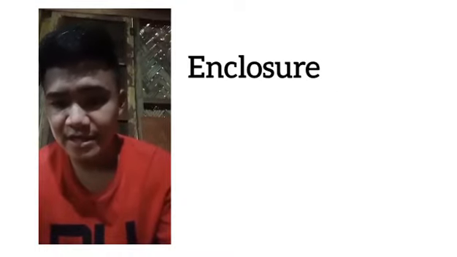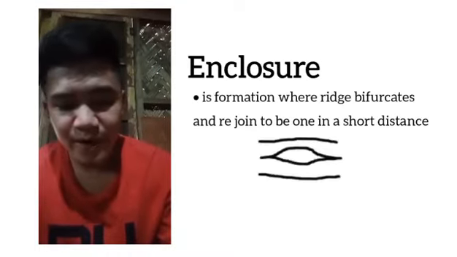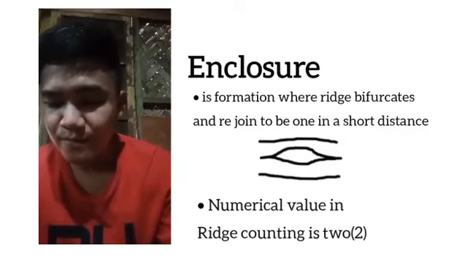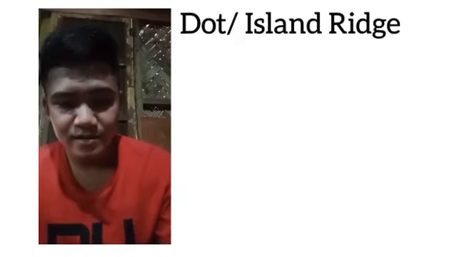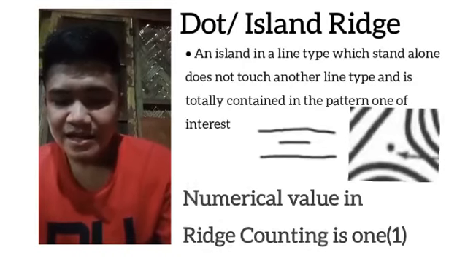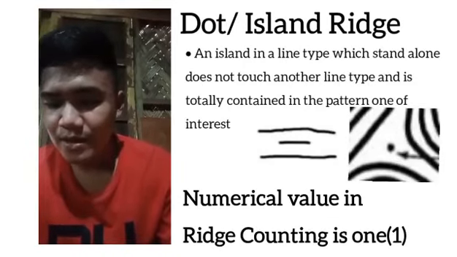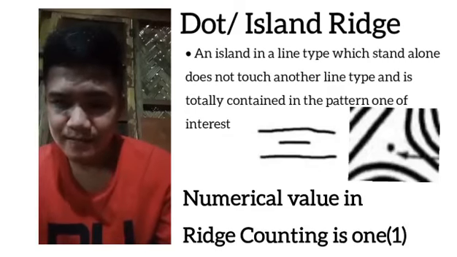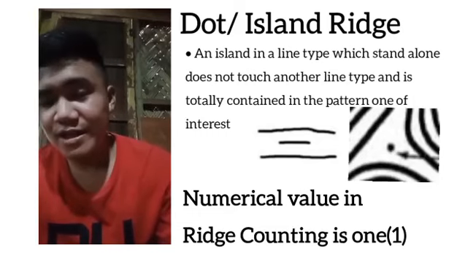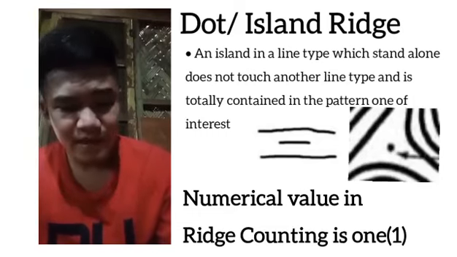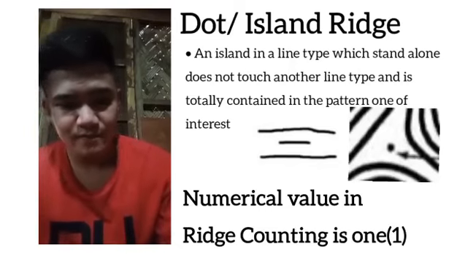And next, enclosure ridge or ridge island. A formation where a ridge bifurcates and rejoins to be one in a short distance. That is a ridge island. An island is a line type which stands alone and does not touch another line type and is totally contained in the pattern area of interest.